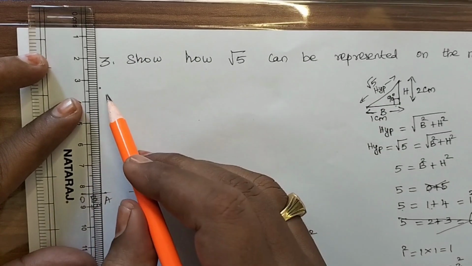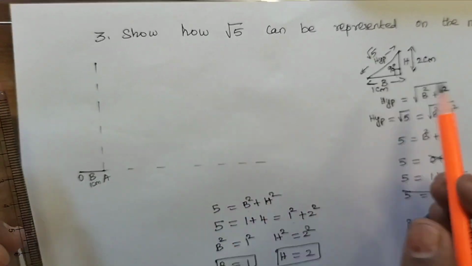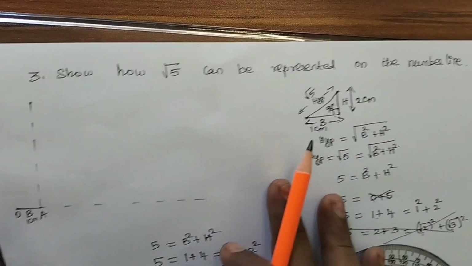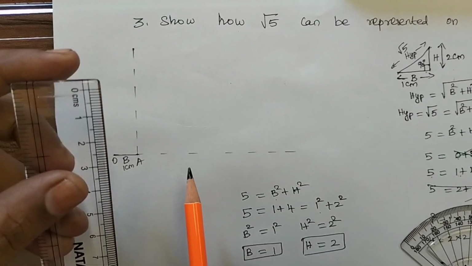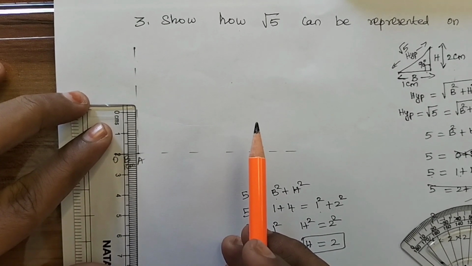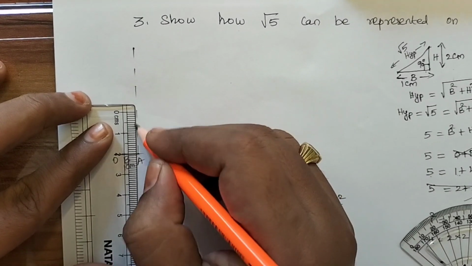Then from that point put the dotted line. So once you have done the dotted line, the height value is 2 centimeters, right?